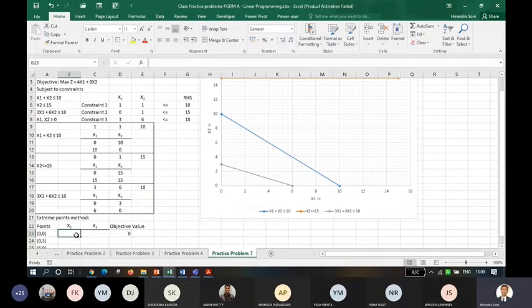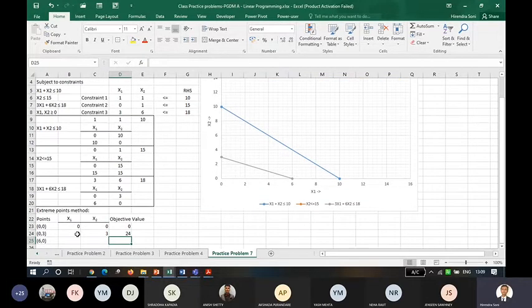So here it would be 0, 0, so it will remain 0. What about 0, 3? For 0, 3 it would be 24.